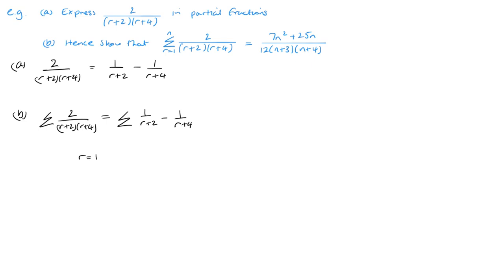So substituting 1 in, we get 1 over 3 minus 1 over 5. When I substitute 2 in, I get 1 over 4 minus 1 over 6. When I substitute r equals 3 in, I get 1 over 5 minus 1 over 7. When I substitute r equals 4 in, I get 1 over 6 minus 1 over 8.